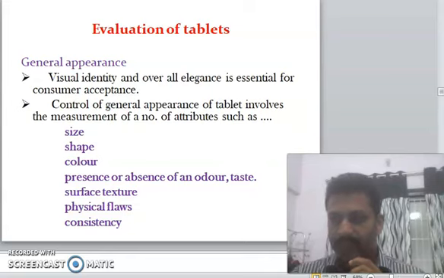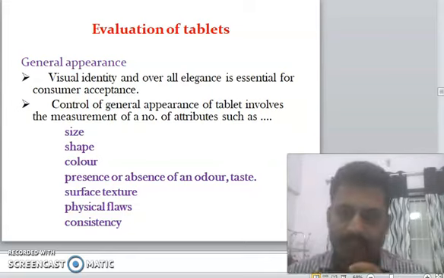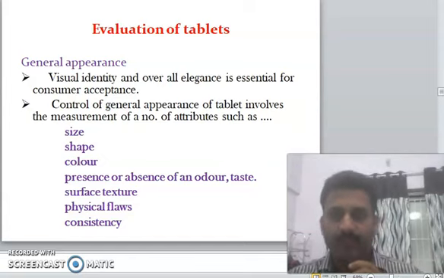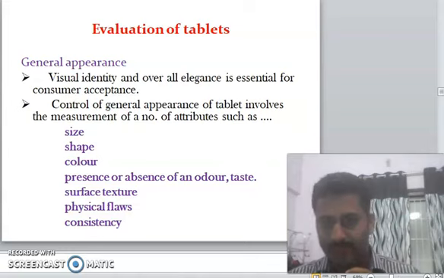Everything that comes under this is the unofficial test. So it is mainly divided into two, the official test and the unofficial test. In today's class we are going to discuss only the unofficial tests. Official tests we will discuss in the next class.